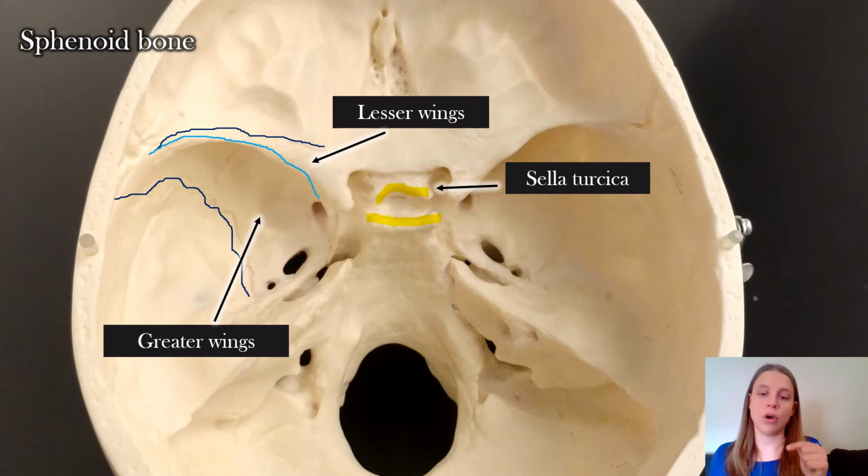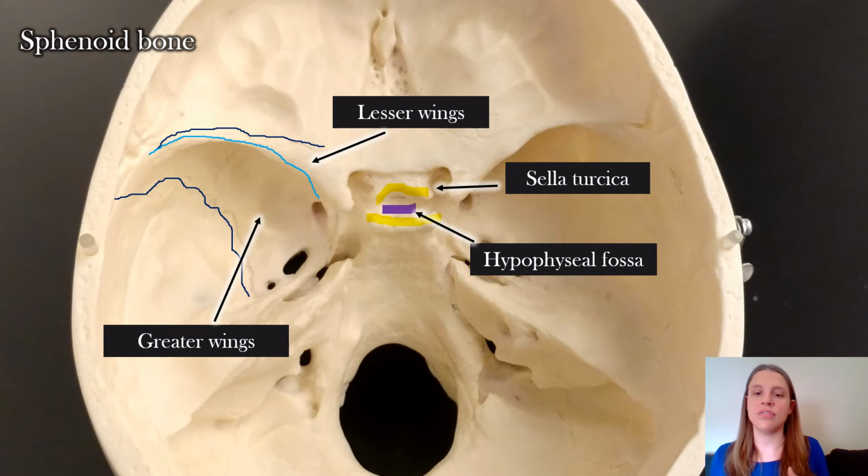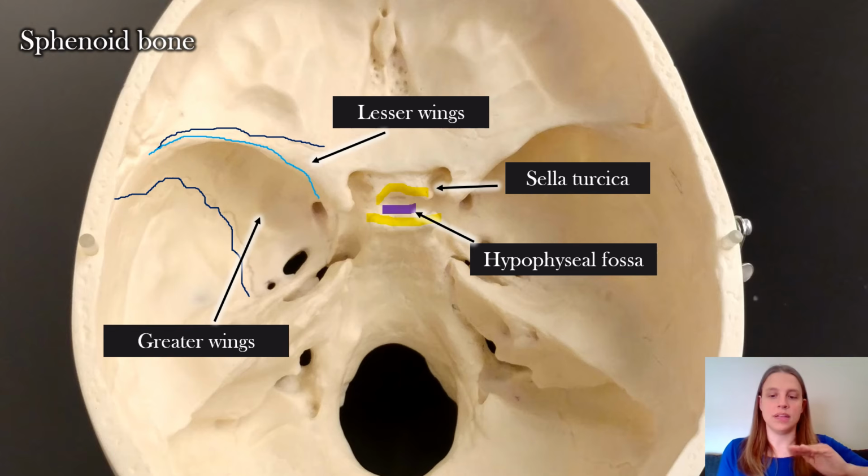And part of the Sella Turcica is the hypophyseal fossa. So if the Sella Turcica is like a little seat, the hypophyseal fossa, it's the bowl part. And it's called the hypophyseal fossa because the pituitary gland sits inside of it, and another name for the pituitary gland is the hypophysis.